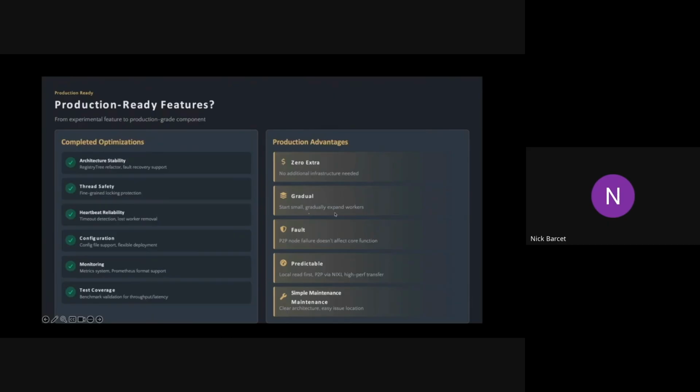Third, heartbeat reliability: heartbeat timeout detection to identify and remove lost workers. Fourth, configuration management: config file support for flexible deployment. Fifth, monitoring capabilities: built-in monitoring system supporting Prometheus format metric scraping. Sixth, test coverage: supports benchmark validation for controller throughput and latency.